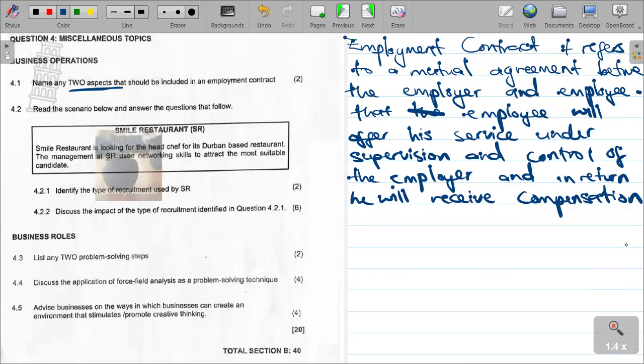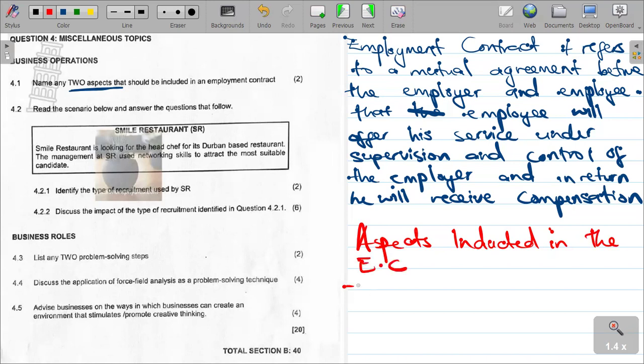So let's go to the question, aspects. Aspects included in the employment contract, two aspects. One, the personal details of the employee.